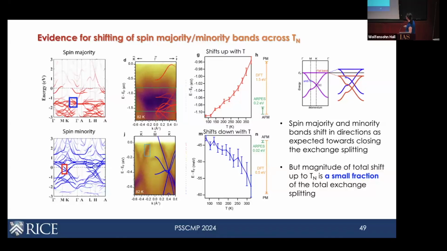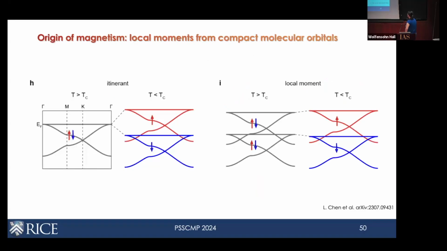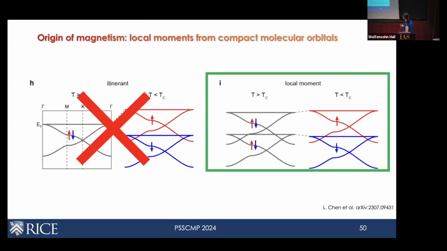However, the total magnitude that these bands shift is a very small portion compared to the total exchange splitting energy scale predicted by DFT. So what it's telling us is that by the ordering temperature, only a very small portion of the exchange splitting is actually closed. This is very direct evidence that what we're seeing here is not an itinerant mechanism, but much closer to the local moment side of the picture for the situation where the flat band is at the Fermi level.